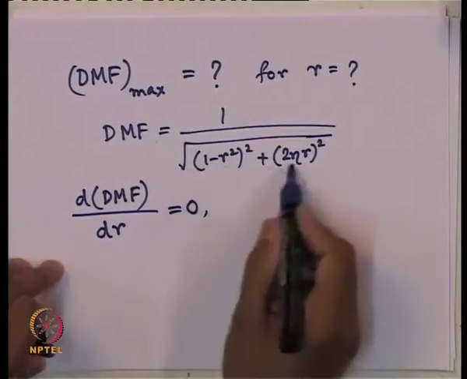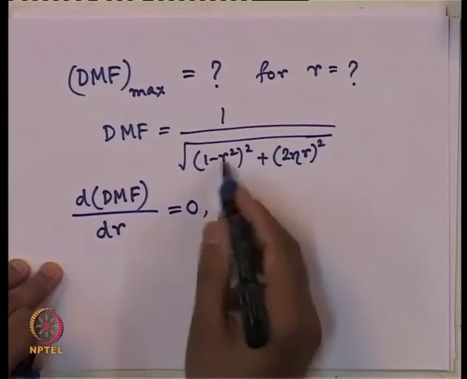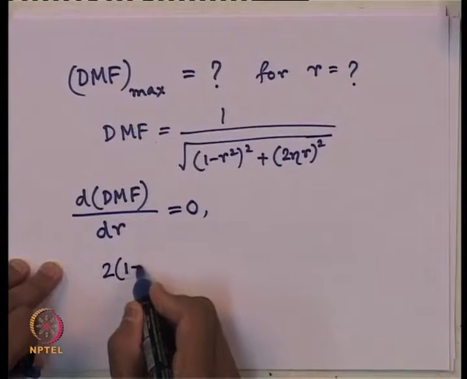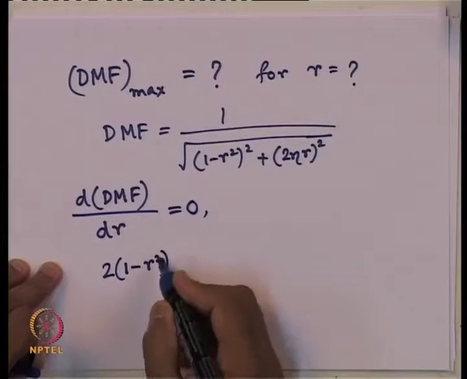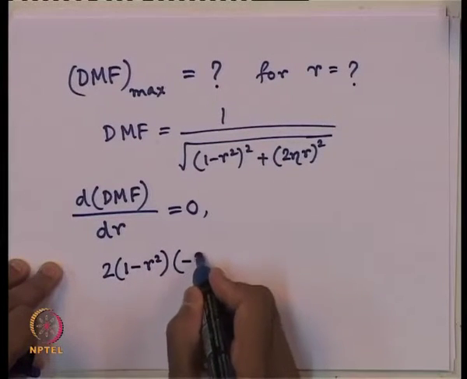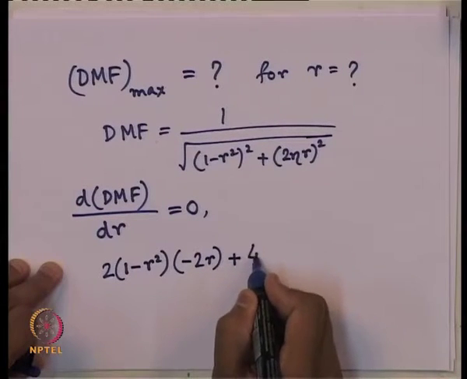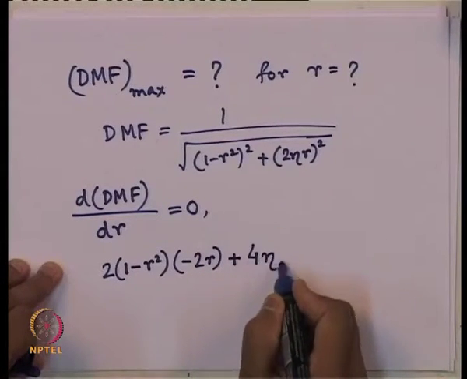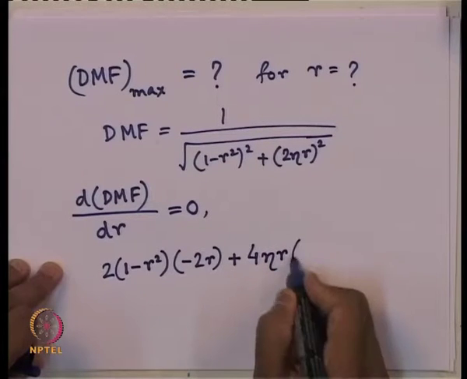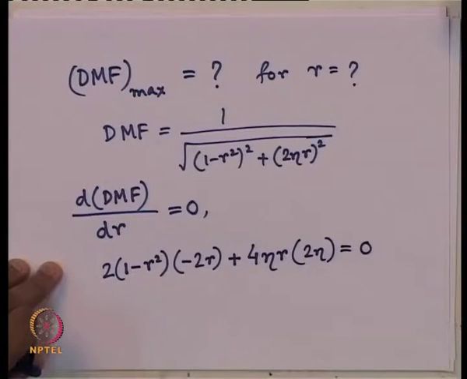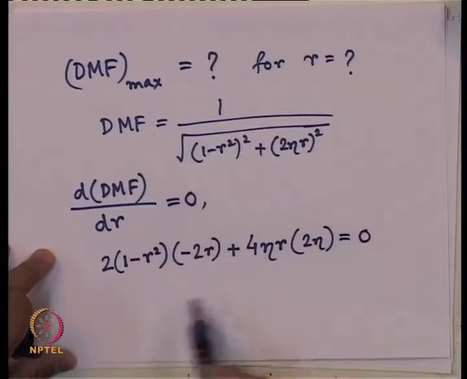From this denominator, by expanding it, I can write: 2 (1 minus r square) times minus 2 r, plus 4 eta r into 2 eta equals 0, by differentiating with respect to r. Fine.